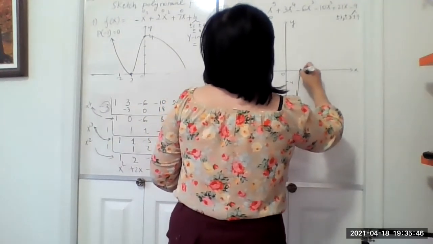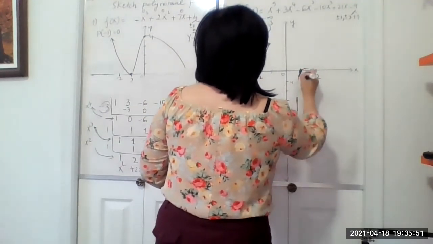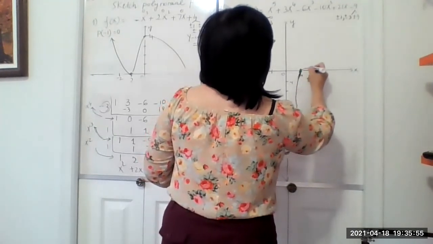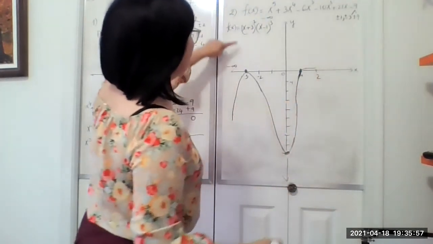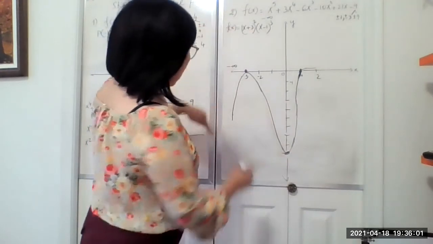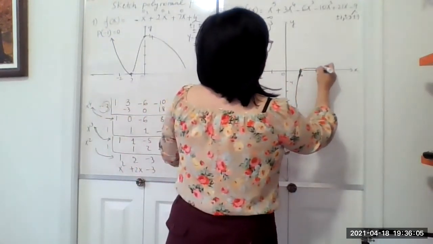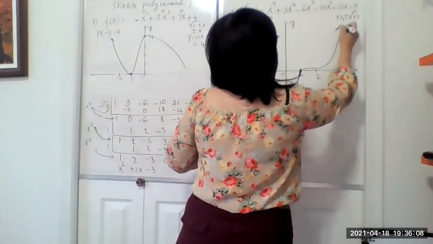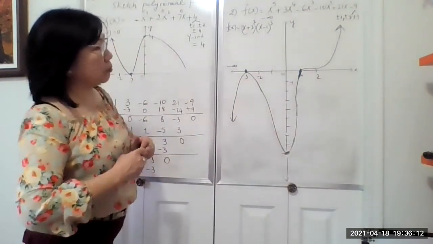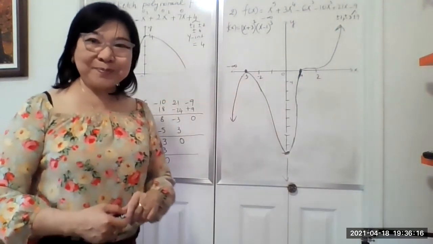So let's say here is multiplicity 3. So we're going to do something like that. And then what next? What is the direction? We have x to the power 5, one up, one down. So this is down, the other one should be up. So then it should be something like this, up. So this is the second draft we sketch based on the factor form.